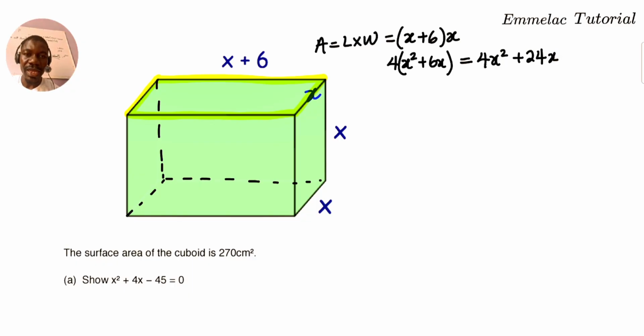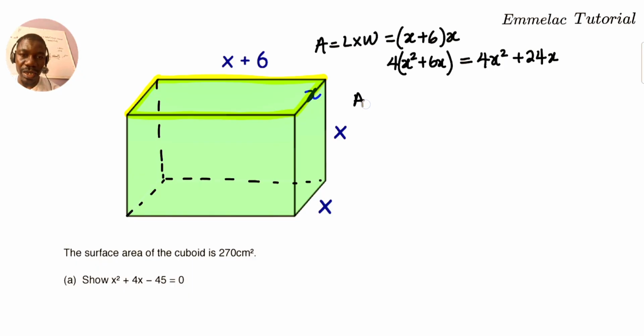Now the next part we'll be looking at is this area, which is made up of x as the height and x as the base, and this part is the same as this part, which means there are 2 of it. So let us calculate the area also.